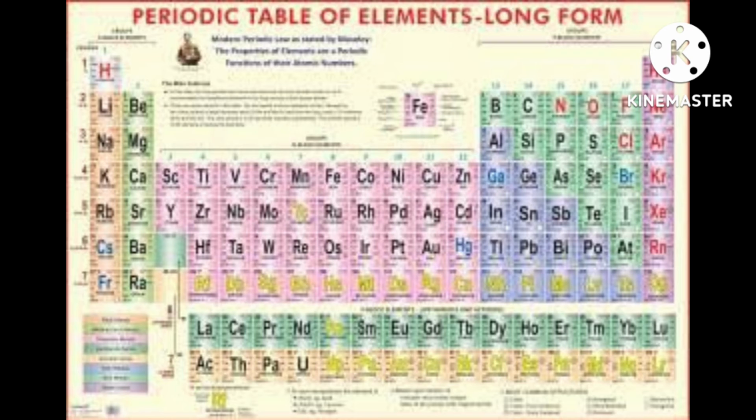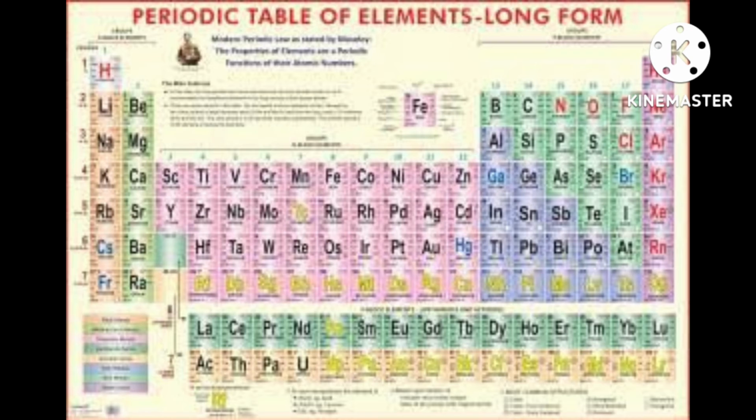This is the common feature. In the same way, in another group it will be s2. The orbit number may increase, but in the last orbit there will be two electrons in each. That is called group 2. Like that, group 3, 4, 5, 6, 7, 8, 9, 10, 11, 12, 13, 14, 15, 16, 17, 18.